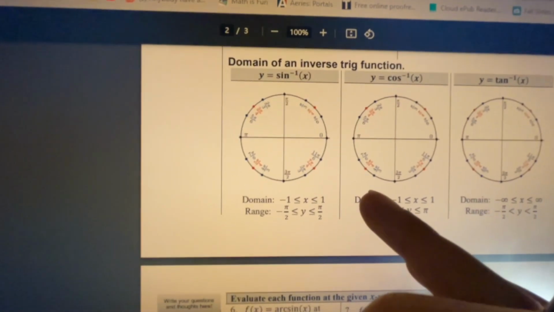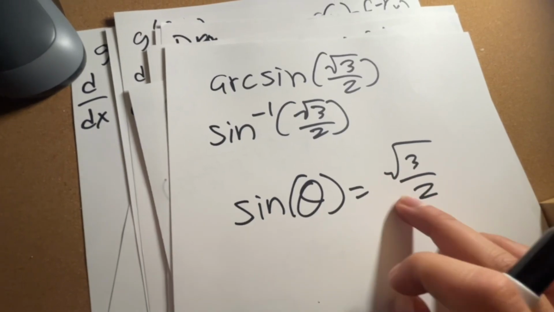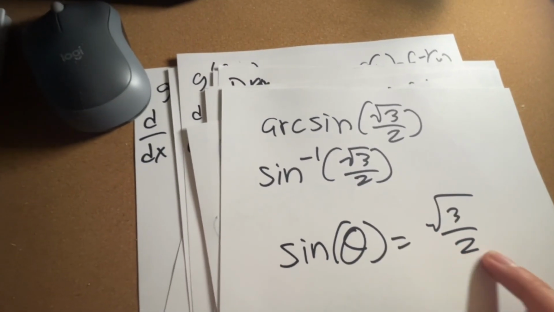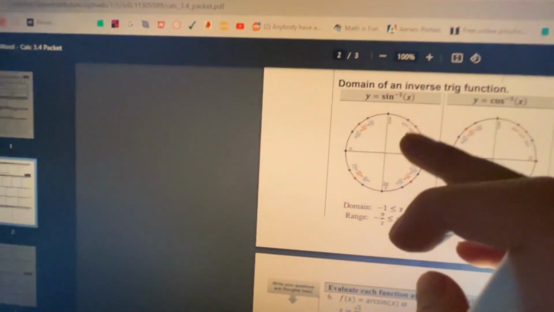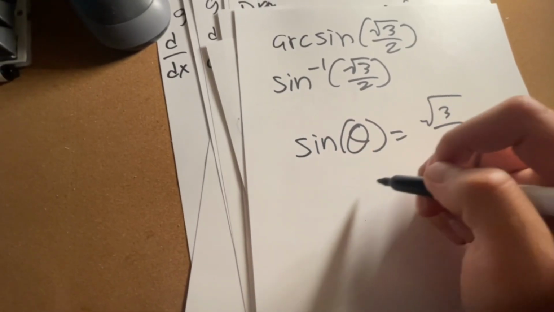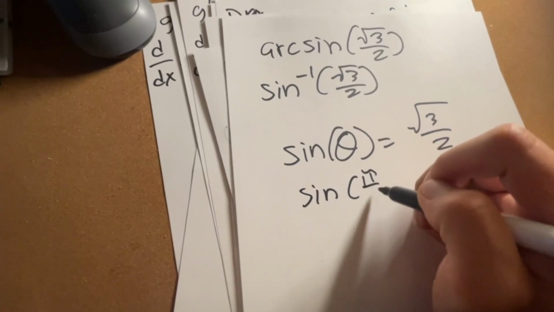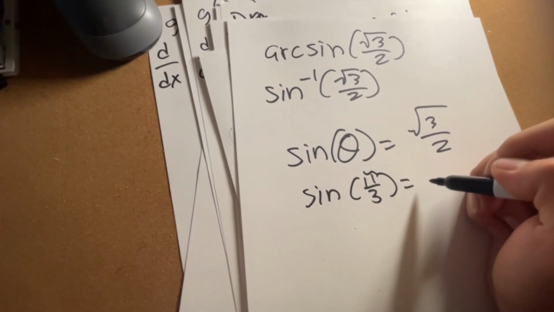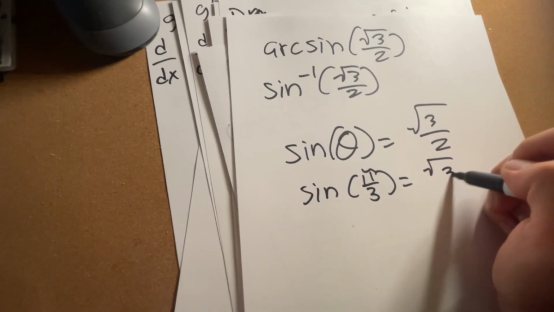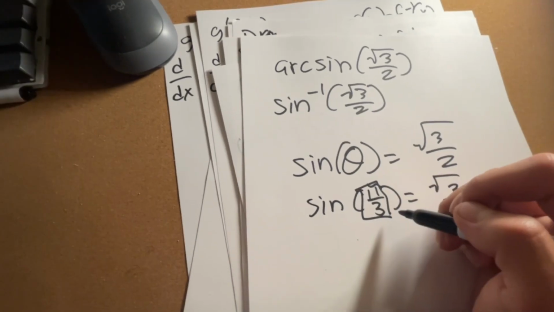So when is the sine square root of 3 over 2? That's at pi over 3. So that'll be our answer: sine of pi over 3. You can check this in the calculator, and it's square root of 3 over 2. That's our answer: pi over 3.